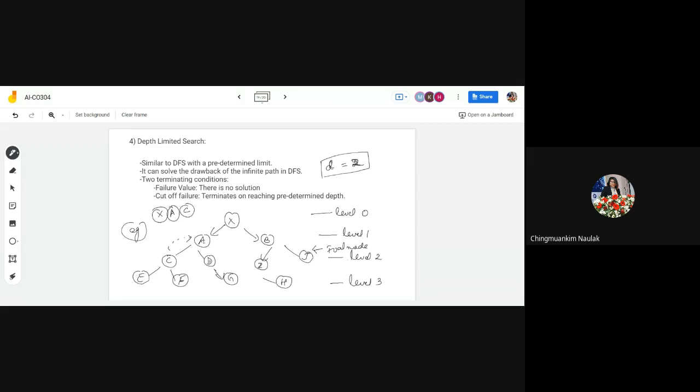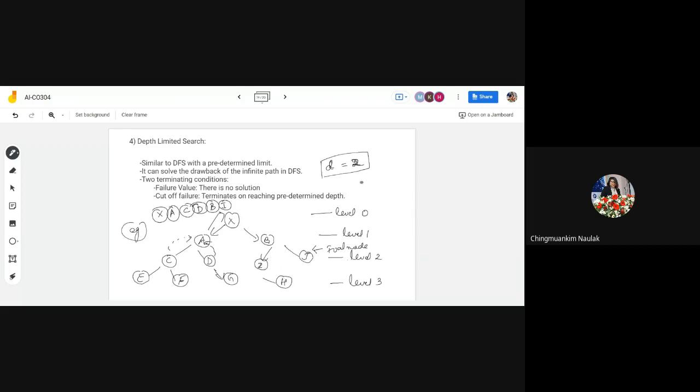There is D, so you'll write D, and then you will go back to A, and A has all its adjacent nodes explored till the predetermined depth. So you'll go back to X and see if there are unvisited adjacent nodes. There is B, so you'll write B here. For B, you have I. After I, you have H, but that is in level 3.